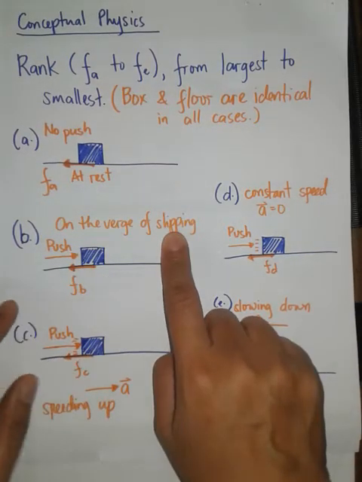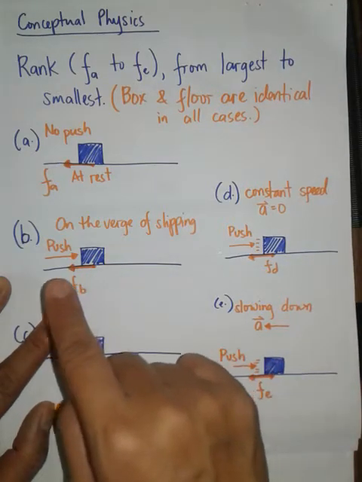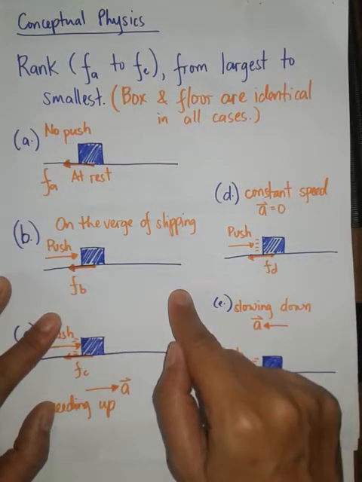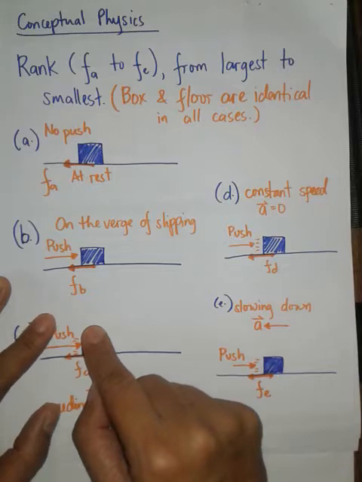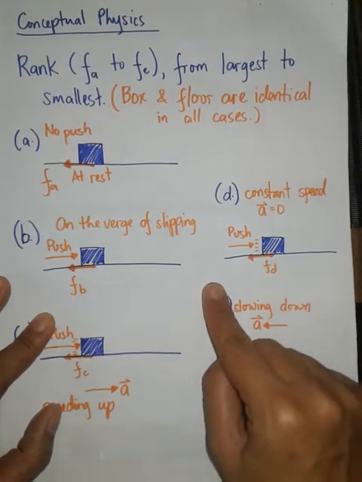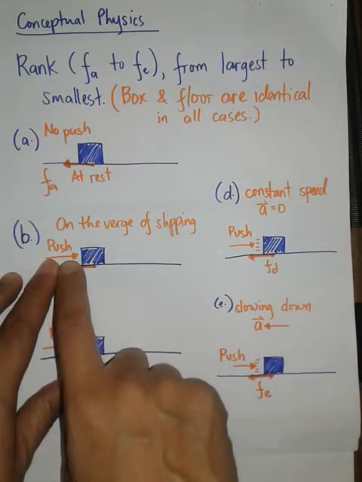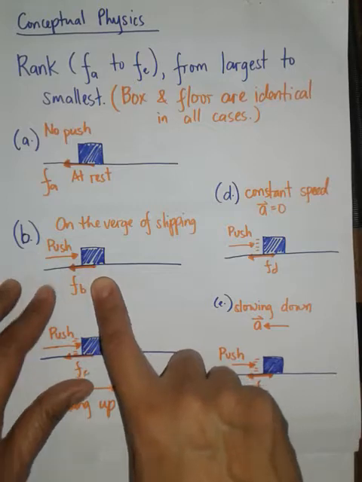That's why it is only on the verge of slipping. Other authors will say the box starts to slide, or commonly the box begins to move over the floor. There's a pushing force here and then you have the friction force B.